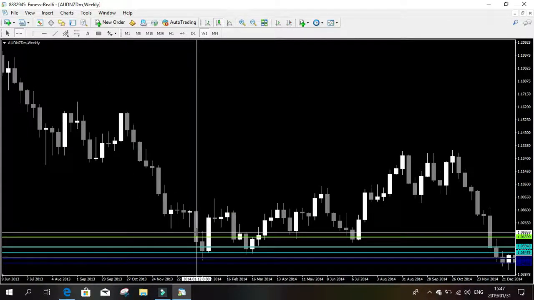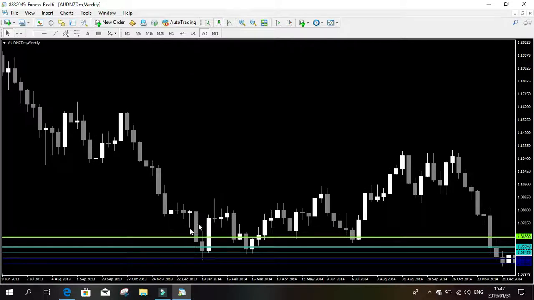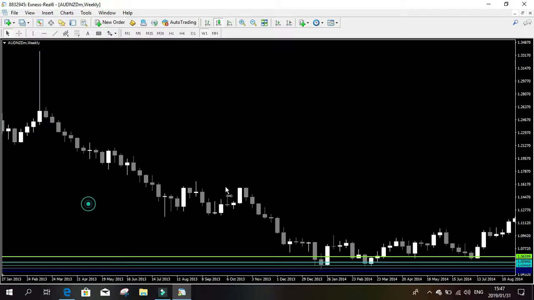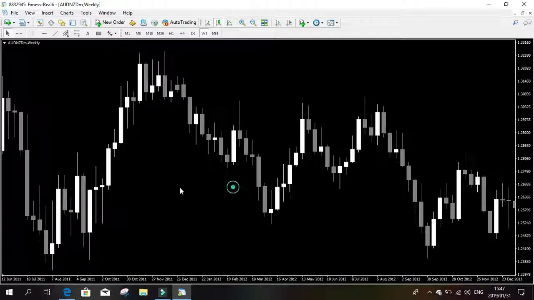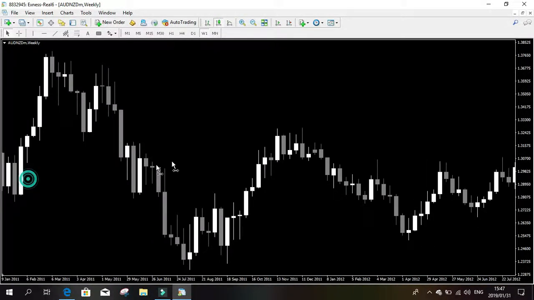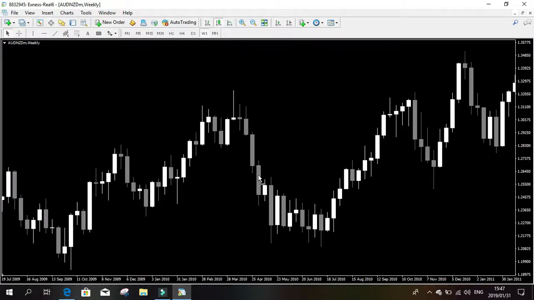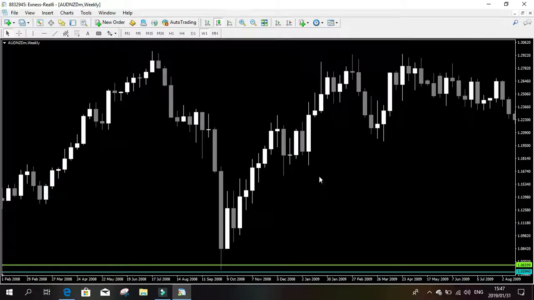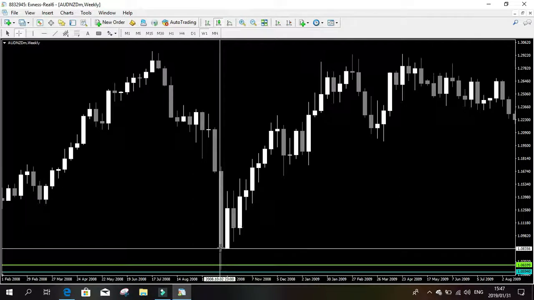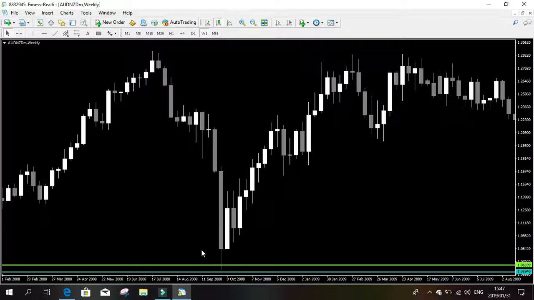This is already 2014 January, but the same levels kept on being respected. So if we go as far back as the platform will allow me to go, we can see a bounce here in 2008 in September.